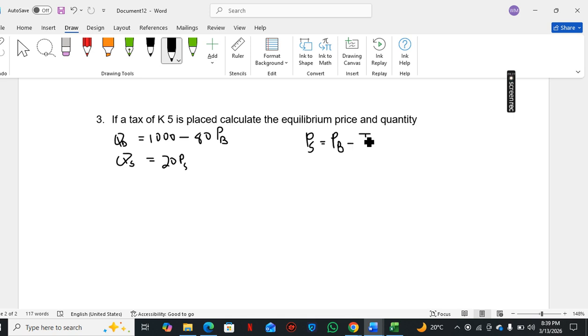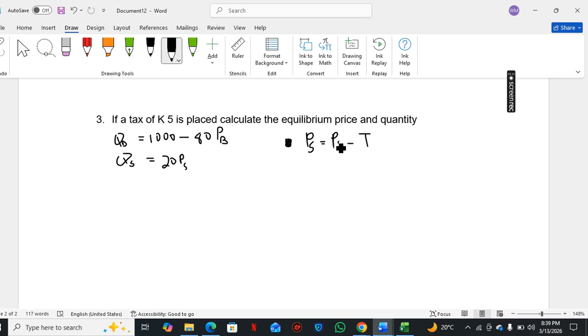That's the money that the supplier is receiving: what the buyers pay minus the tax. Now government has come into the equation, so they have added the tax. This is the first thing you need to do, colleagues.